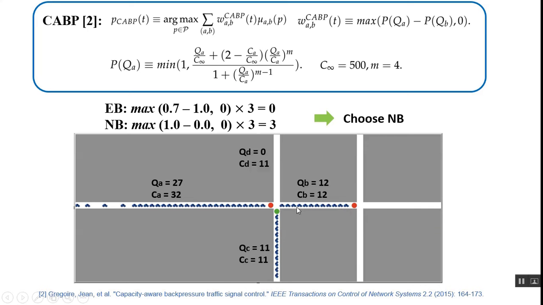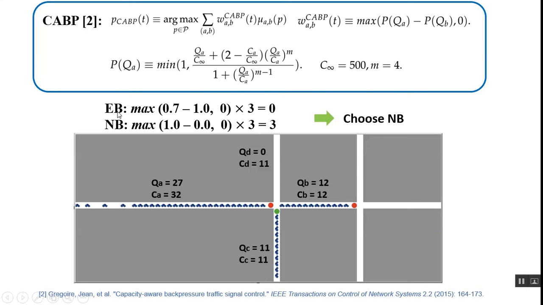So 12 is the maximum number of vehicles that arc B could keep. And here C infinite is a big number, which this paper takes as 500, and m is a coefficient, which they take as 4. So we will use these two numbers here too.